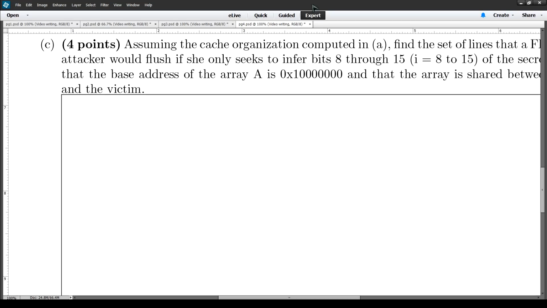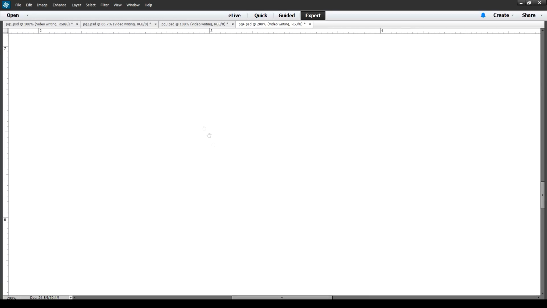So for this question, we're going to be repeating the same thing 8 times. We're interested in the addresses of the elements when I equals 8, I equals 9, and so on up to when I equals 15. So just like in 3a, we know that when I equals 8, we're actually looking at element 8 times 8.